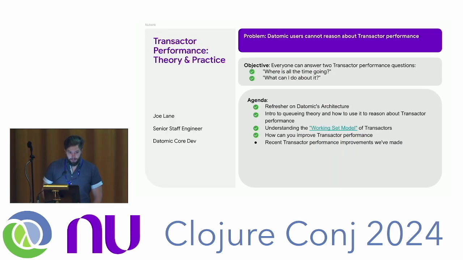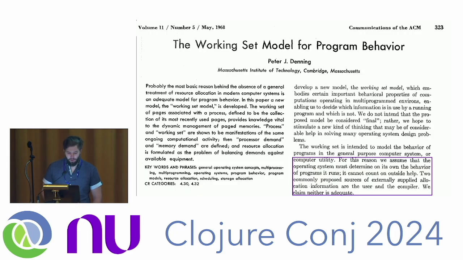So that was a lot. I'd like now to just wrap up with a few things that we've done recently to improve transactor performance, and I'm kind of excited about it. So I want to go back to this working set model paper for a second and just highlight this little section. On the first page it says, for this reason, we assume that the operating system must determine on its own the behavior of programs it runs.